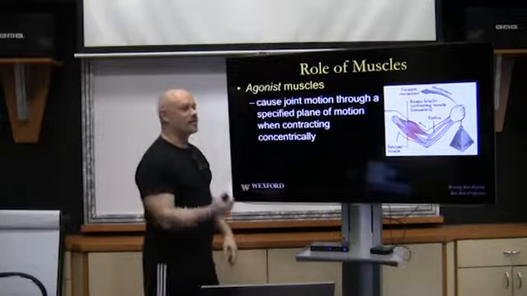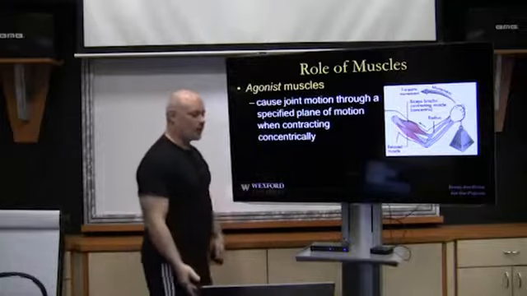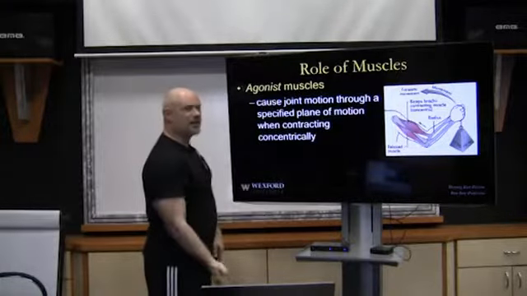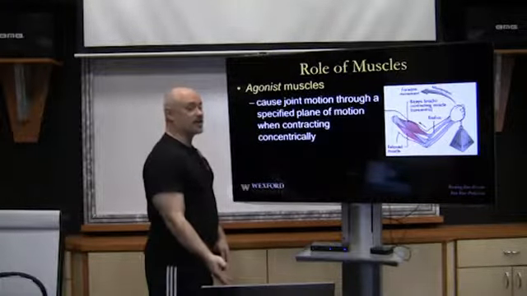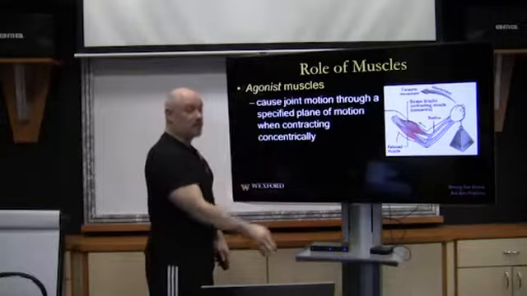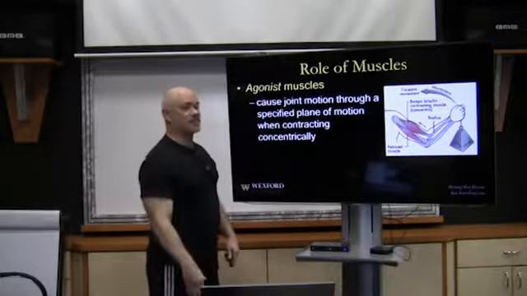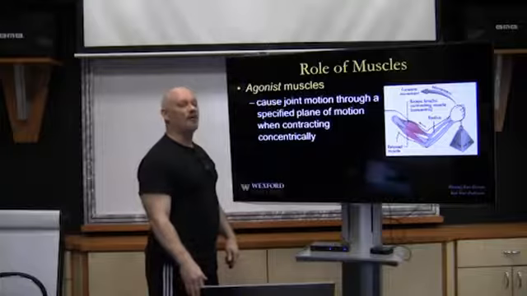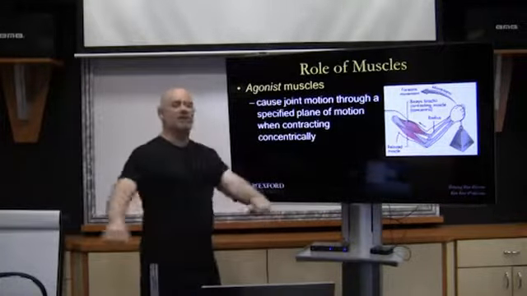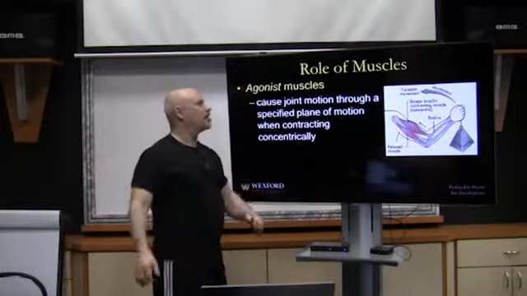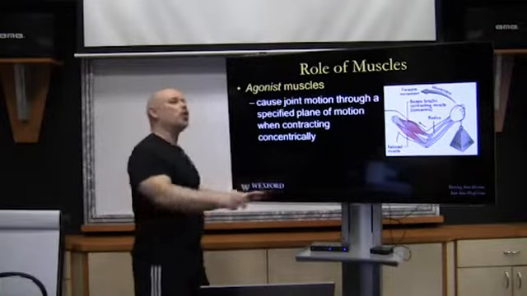Once again, concentric means the muscle is shortening. Flexion and extension only happen in the sagittal plane. We have abduction and adduction through the frontal plane, and rotation happens in the transverse plane. But still, we need to look at what muscles are causing that.